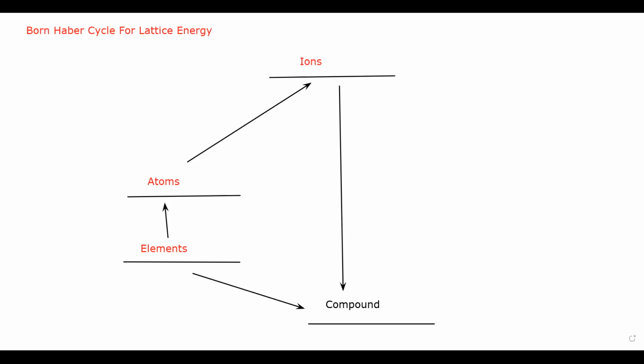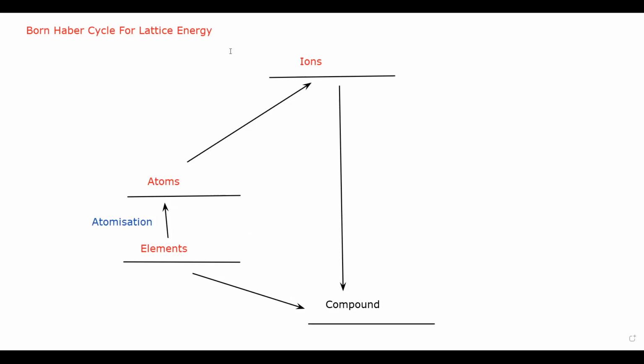The formation of atoms from the element. As we discussed the labels, when elements are forming the atoms, we call that atomization. Like we atomize, or we make atoms, so we call that atomization.